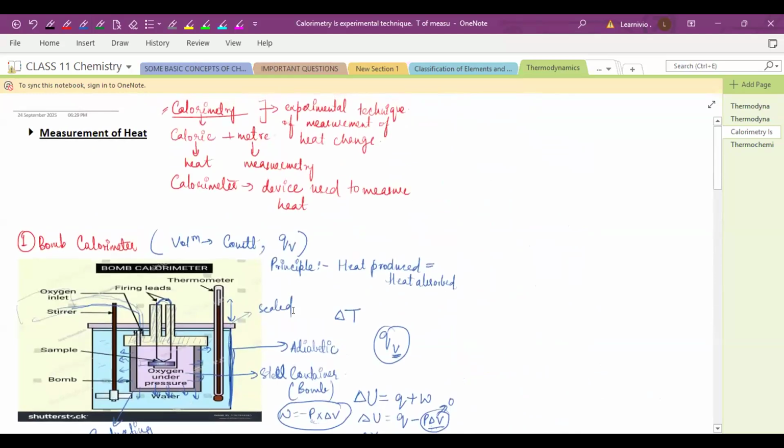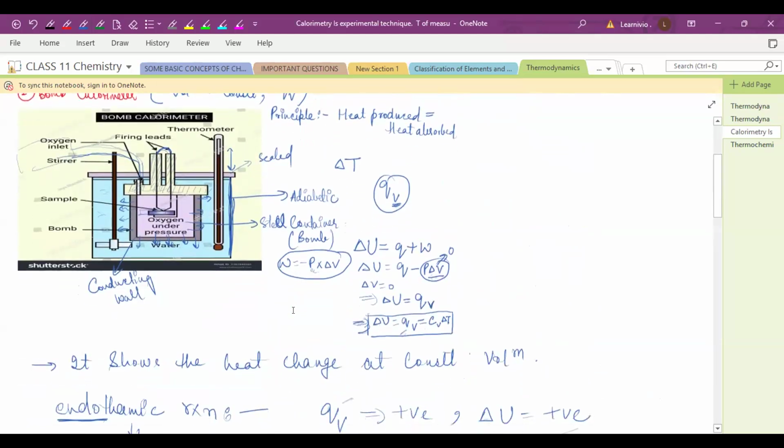Bomb calorimeter. Basically, if a numerical gives a bomb calorimeter, it should click in your mind that we are talking about constant volume. It's at constant volume, and you should know this relationship: delta U is equal to QV is equal to CV delta T. In a bomb calorimeter, you measure delta U, and if you know the relationship in which delta U is equal to delta H plus something, you can easily calculate the enthalpy change also.